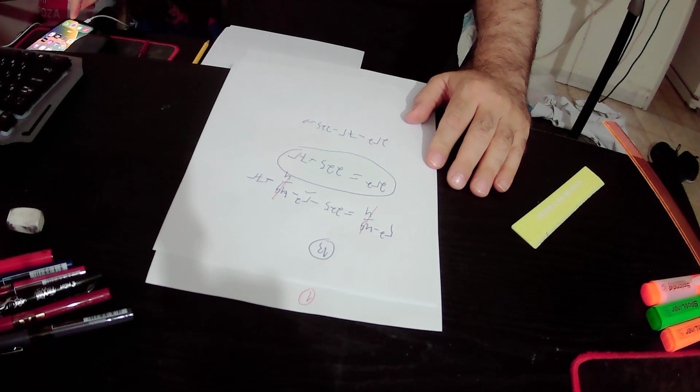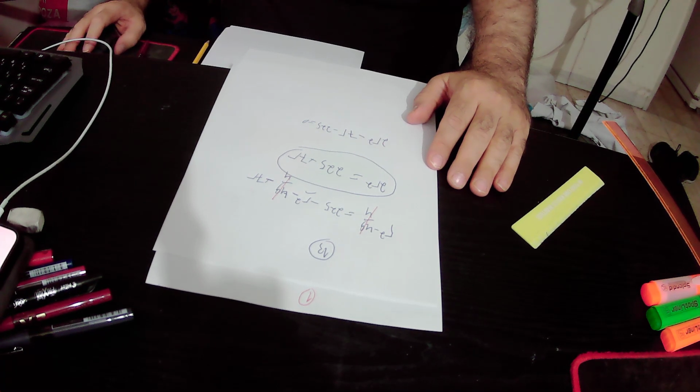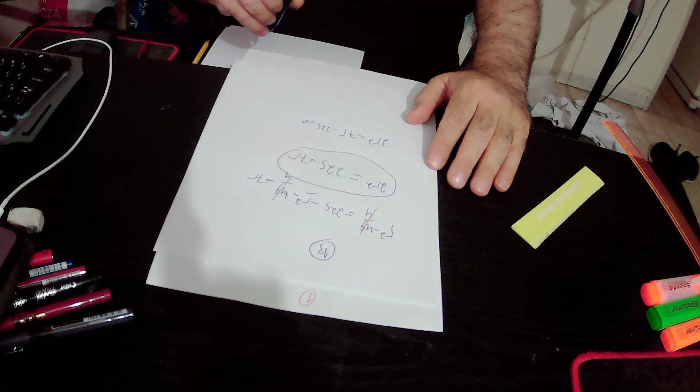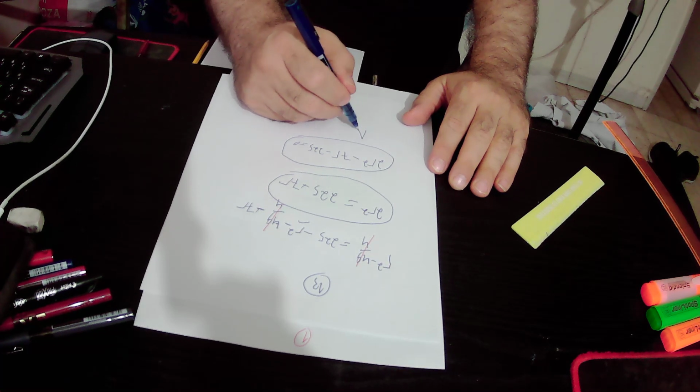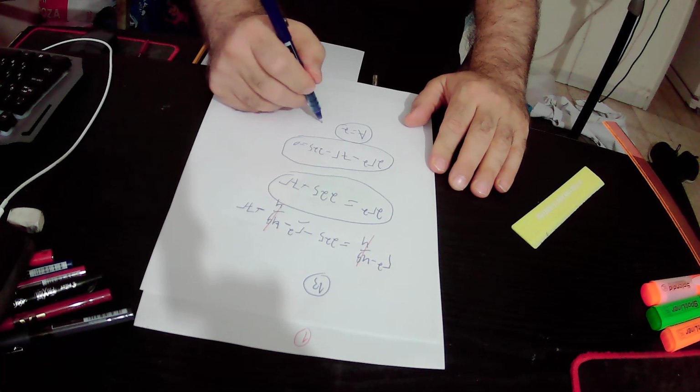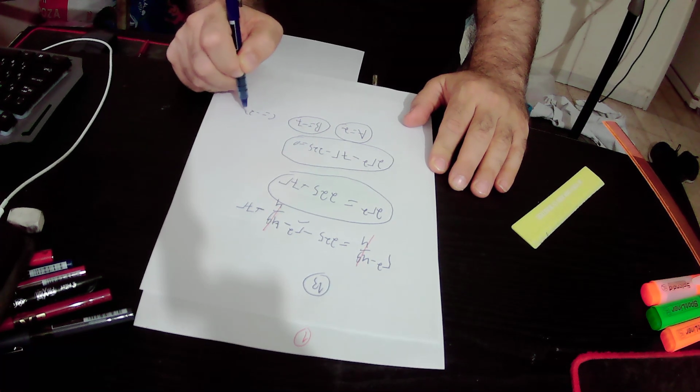So here we have a quadratic equation. The coefficients of this quadratic equation are a equals 2, b equals minus 7, and c equals minus 225.